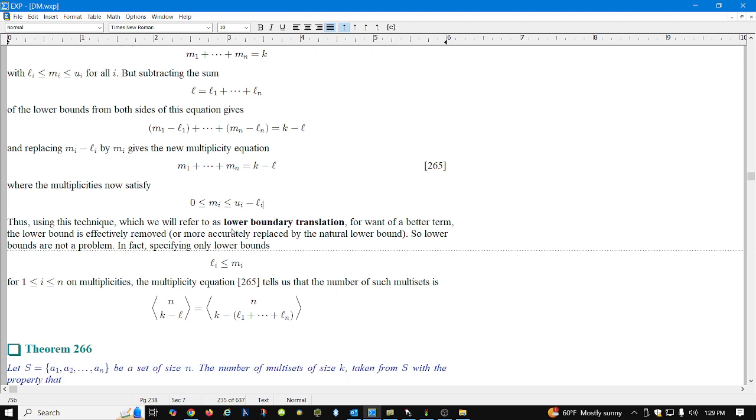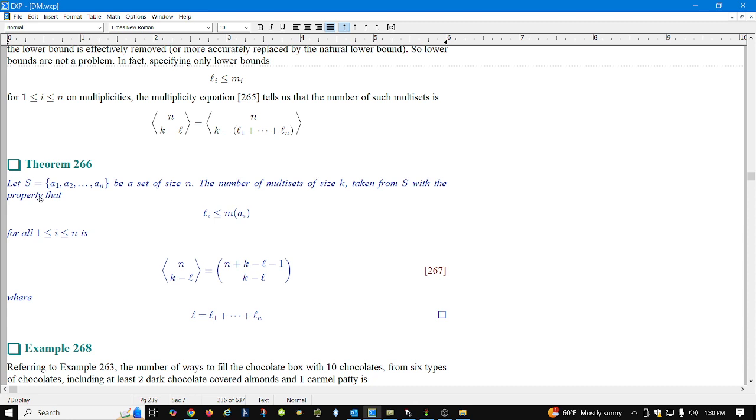So looking then at a problem of solving the multiplicity equation with just lower bounds, no upper bounds except the obvious one, the multiplicity equation here has this many solutions, n multi-choose k minus L, which could be written this way.